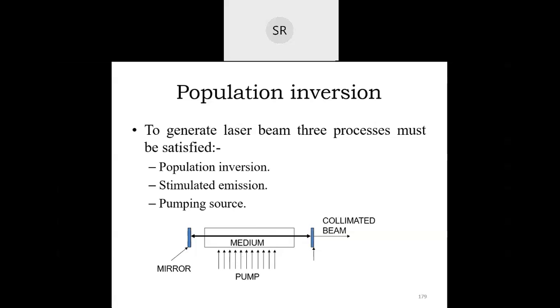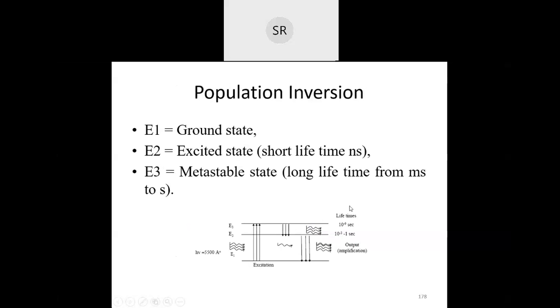When we supply energy to the atom at a particular frequency, because of that pumping, they raise their energy to a higher level than the ground level, from the ground level to another higher state.